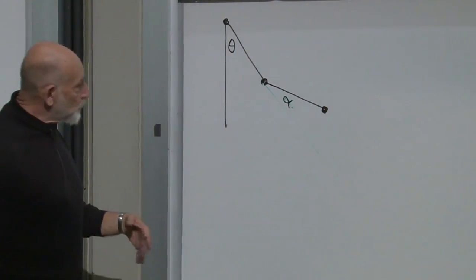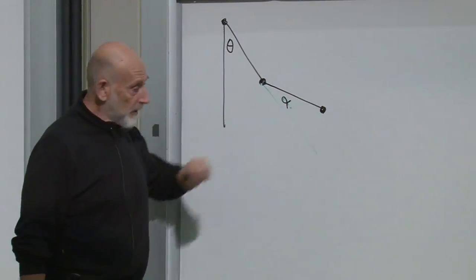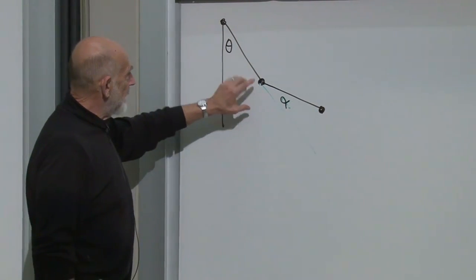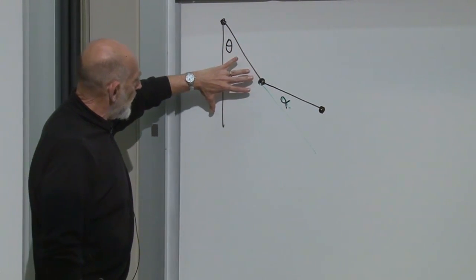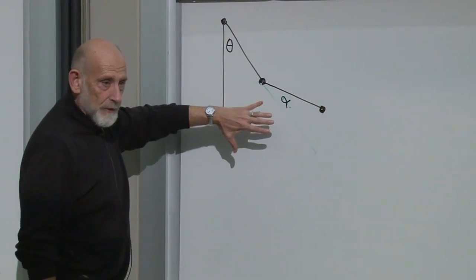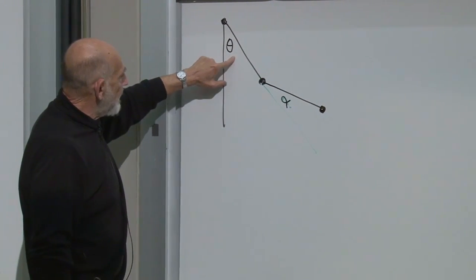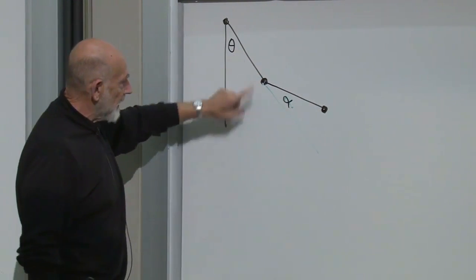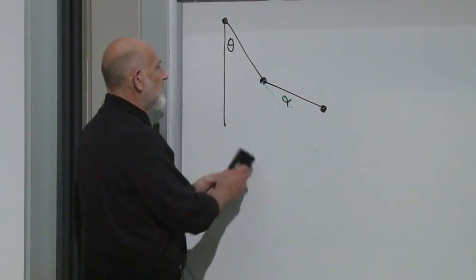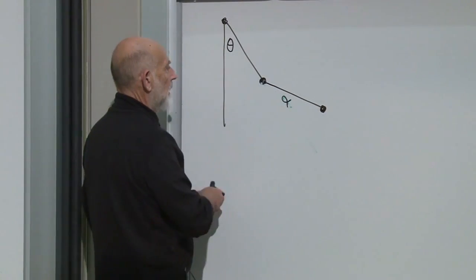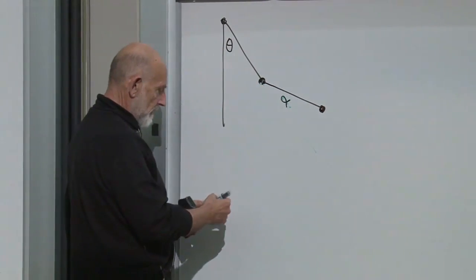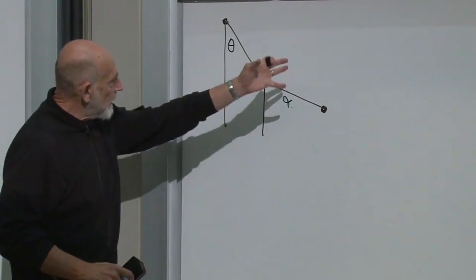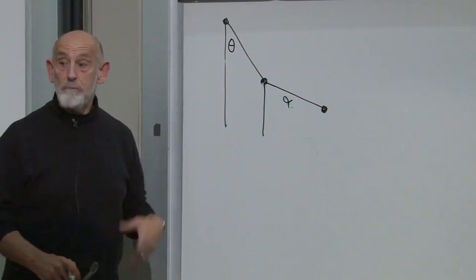And that would be true no matter how you choose to coordinatize it. But an advantage will be that the symmetry operation will only involve theta and not alpha if we choose alpha to be relative to theta. If we chose alpha to be relative to the vertical, then when we rotate the whole system, both theta and alpha both transform.